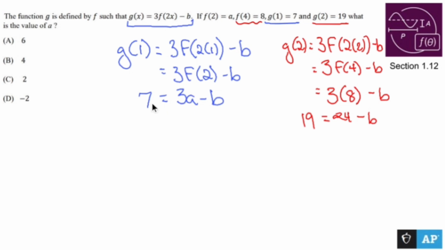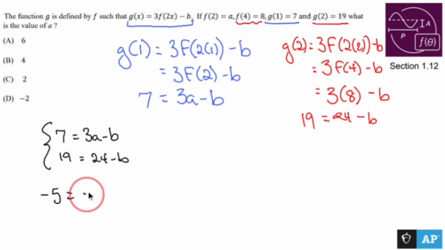What I have is a system of equations: 7 equals 3a minus b, and 19 equals 24 minus b. I can find b right here in this equation. If I take this bottom equation and subtract 24 from it, I get negative 5 equals negative b. If negative 5 is negative b, then positive 5 is positive b, so b becomes 5.